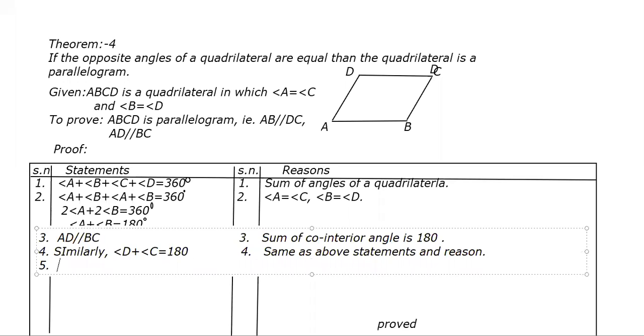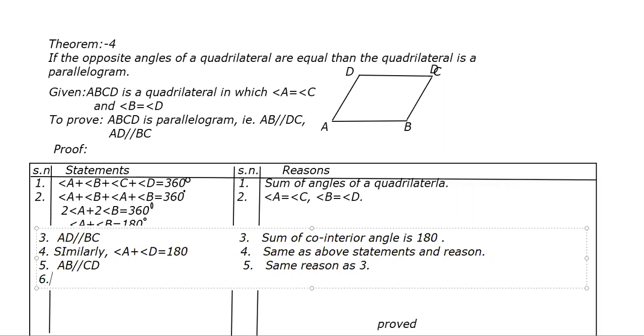So here also we can write, let's write A and D: if A and D are co-interior, then AB is parallel to CD. The reason is the same as reason 3.